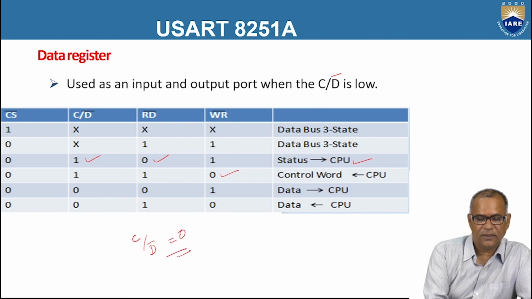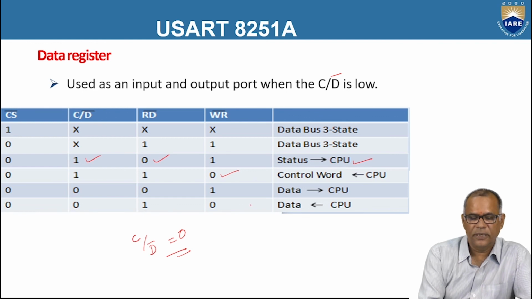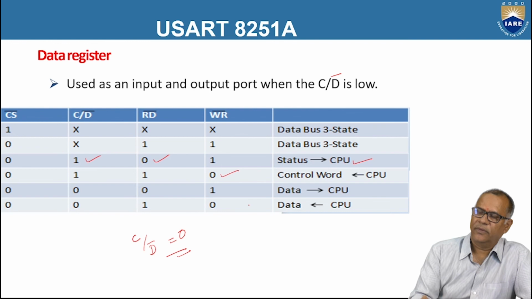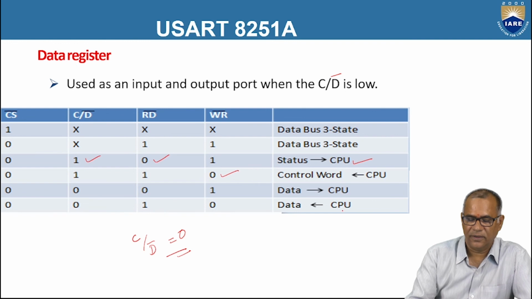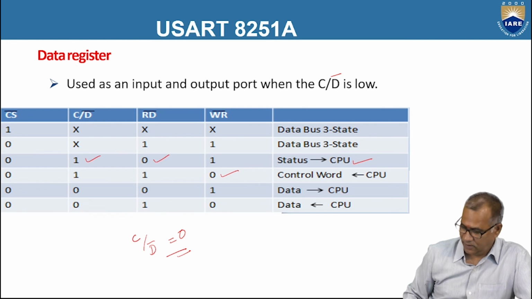So when the C/D bar signal is 0, depending upon the read bar and write bar signals: if the read bar signal is 0, then it is used for reception. If the write bar signal is 0, it is used for transmission.